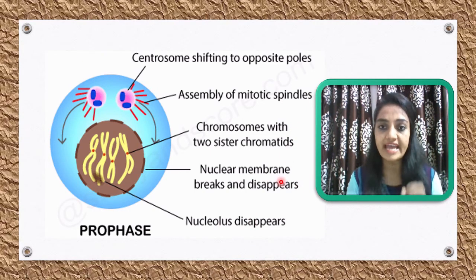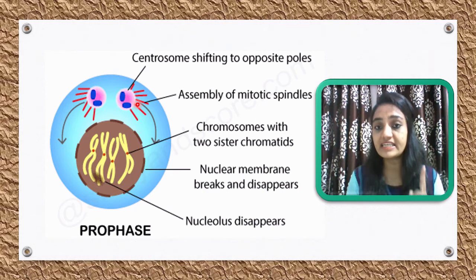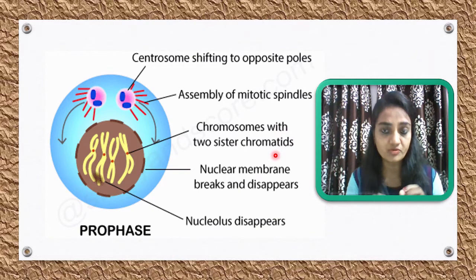How can you identify it? If you observe that two centrosomes have moved towards opposite ends, that is the first indication of a prophase. The second indication is chromosome formation. Otherwise it is an interwoven structure, and you cannot observe the chromosomes in the nucleus. But due to condensation, chromosome formation occurs and two sister chromatids join together at the centromere.